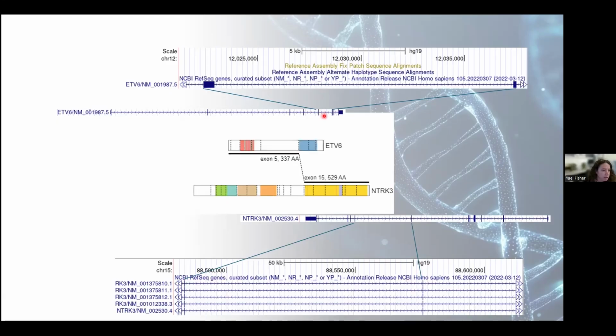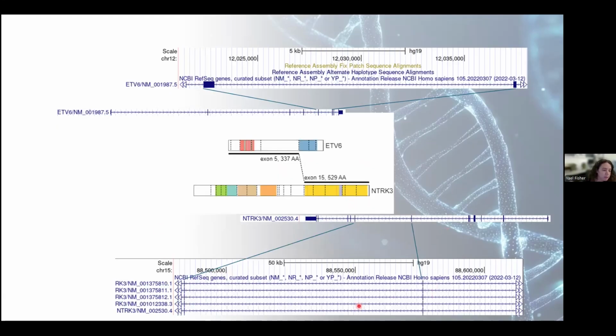Now, if we want to find the breakpoint in DNA, we need to sequence at least the 12,000 base pairs from here and the 80,000 base pairs from NTRK3, and of course we don't know exactly which of the exons was involved in the breakpoint, and we're not sequencing only these two genes, we're sequencing hundreds of other genes maybe.